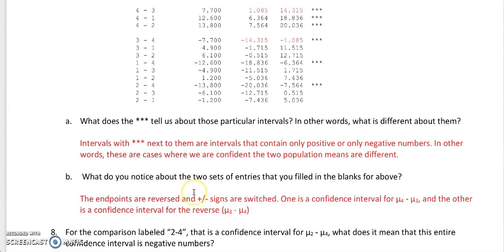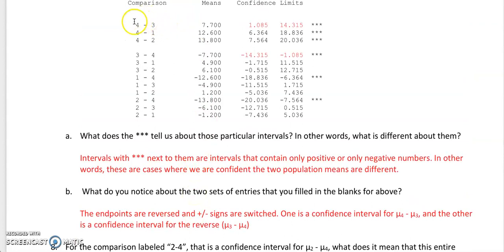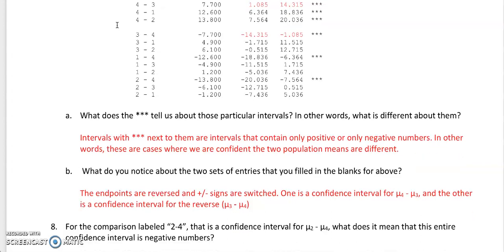Now, if I go back up to my list of intervals, all of these intervals where I compare package design 4 minus the population mean for one of the other package designs, these are all entirely positive. And what we said is that if this is an interval for mu4 minus mu something else, and the entire interval is positive, I can be confident that package design 4 actually has a higher population mean than the one that I'm comparing it to.